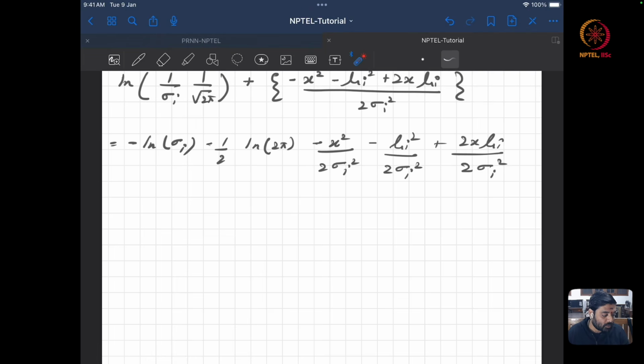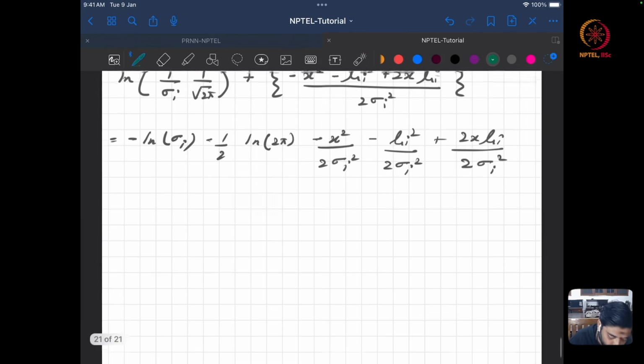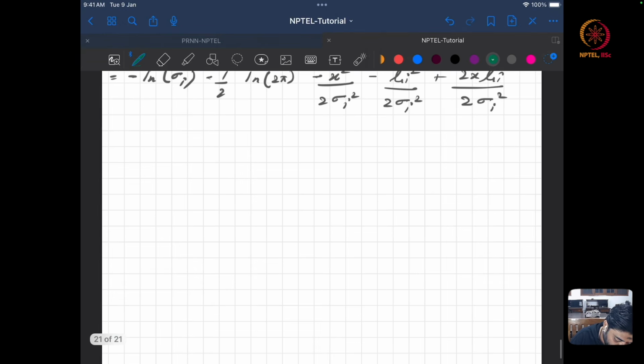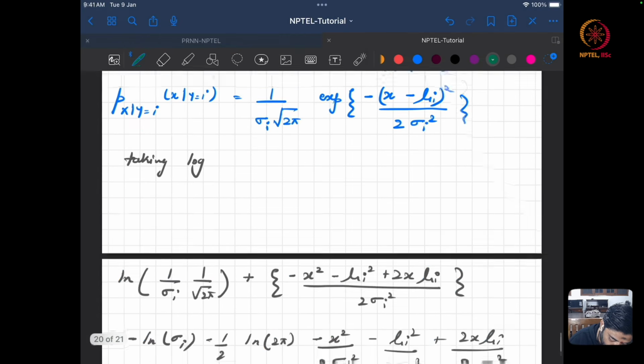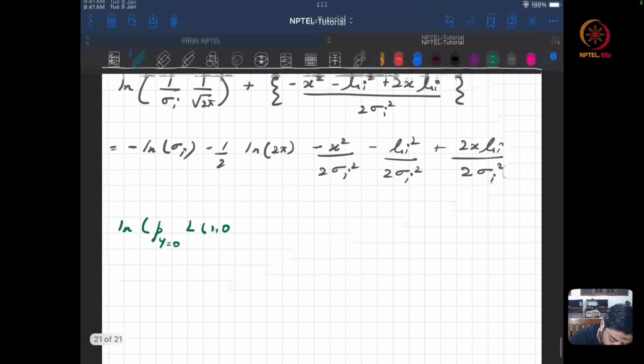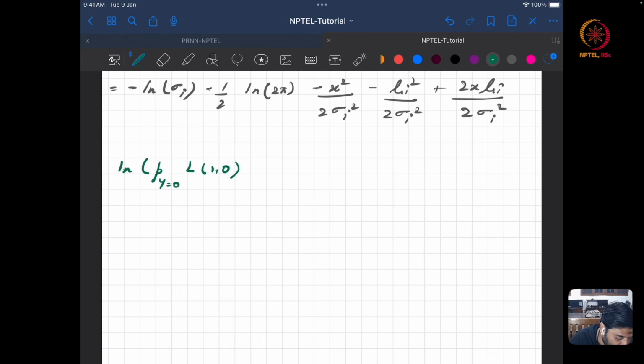So this will be ln of p(y equal to 0), the first term, 0, loss of 1 0, this is there, minus ln of, oh sorry, not alpha 0, this is sigma 0, minus half into ln of 2 pi.